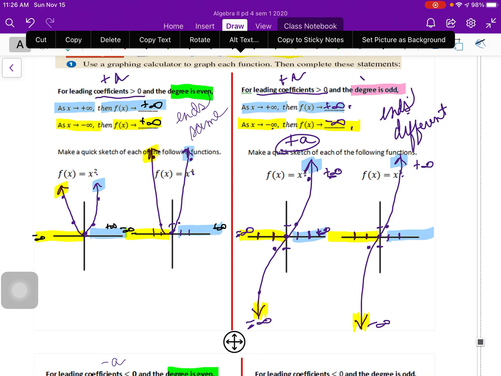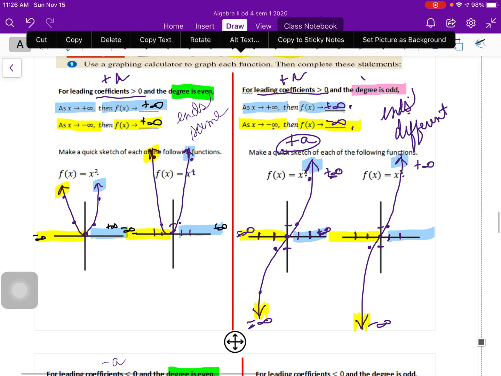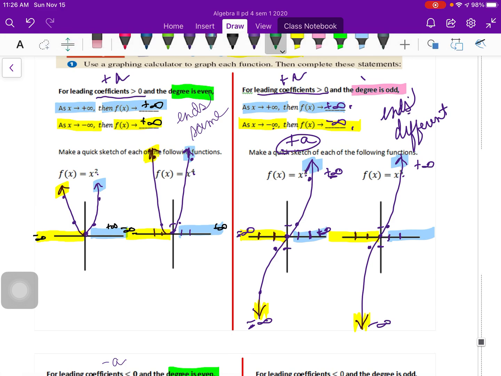On this side, I started in quadrant 3. So this went negative, so now it'll go positive. So this will, for the negative, flip up to here. And where this went positive, it'll flip down here to quadrant 4.